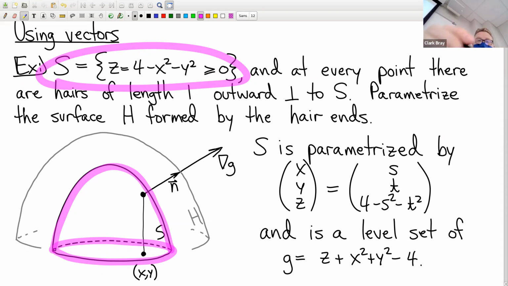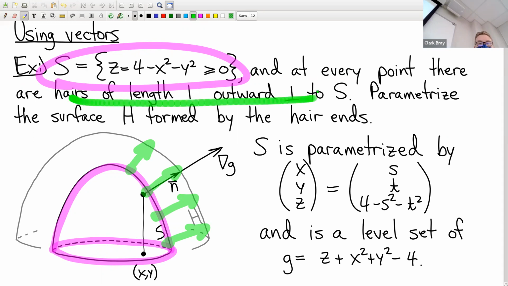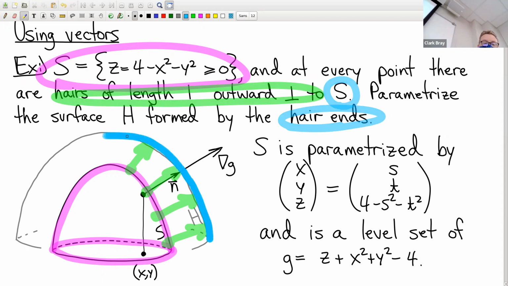Let's suppose that at every point on my head, there is a hair of length 1 sticking up exactly perpendicular to my head, and the tips, the hair ends, are what make up my surface S. This is what I want to parameterize.